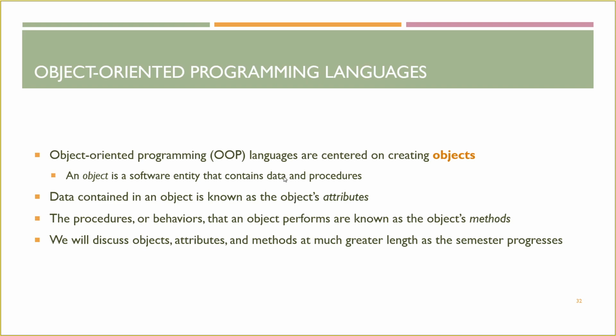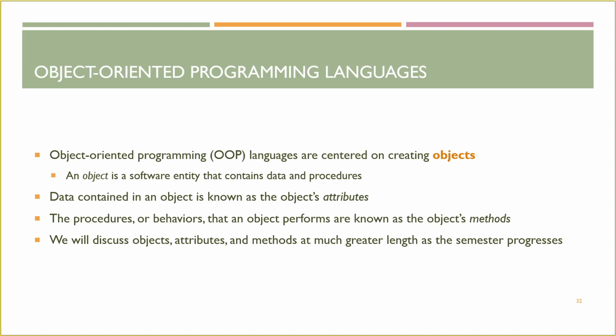So object-oriented languages are centered, as it sounds, on creating objects, right? They're object-oriented. An object is just a software entity that contains some kind of data and some kind of procedure, right? So it's 2 things that we're focused on in an object: data and procedures. Data contained in an object is what we call the object's attributes, right?